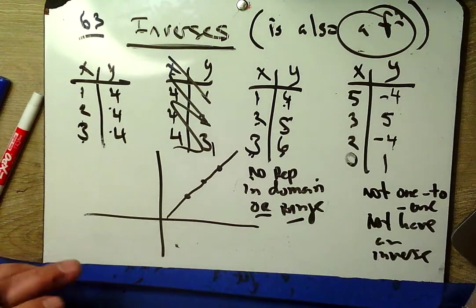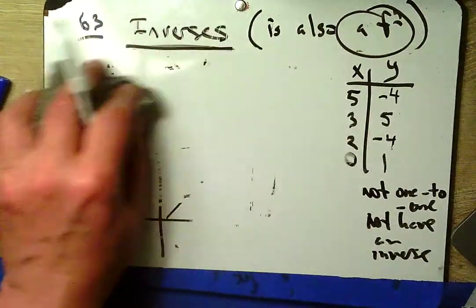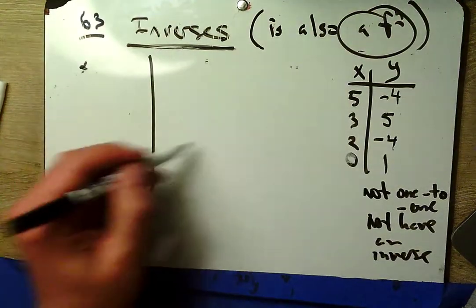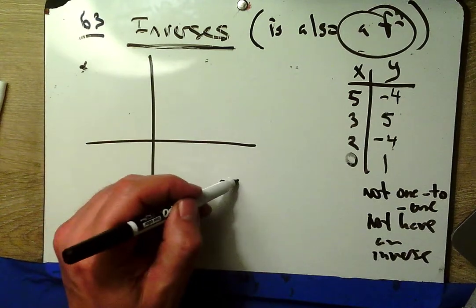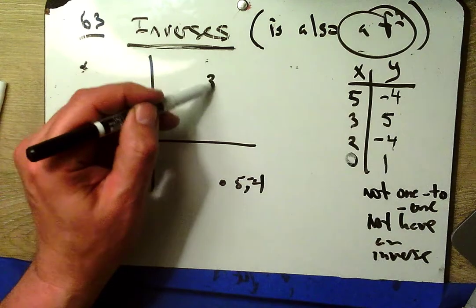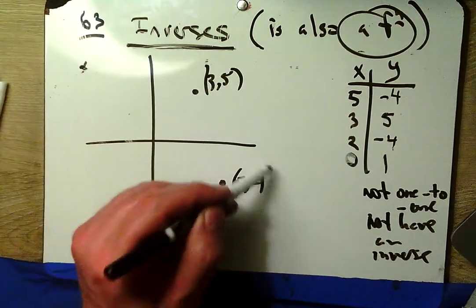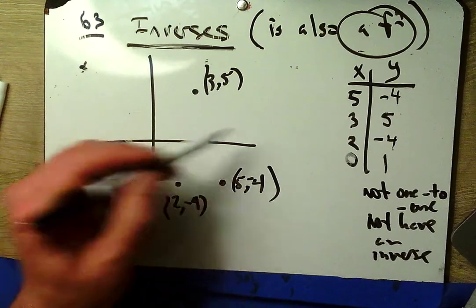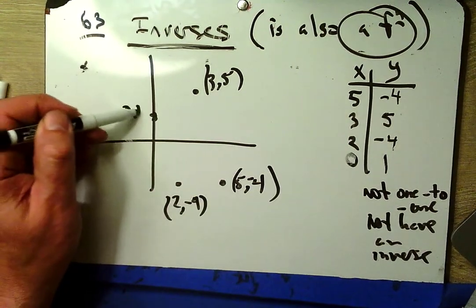And some students don't feel comfortable doing this from a table. Instead, they want to actually graph these points. So we've got (5, -4), and we've got (3, 5), and we've got (2, -4), and we have (0, 1).